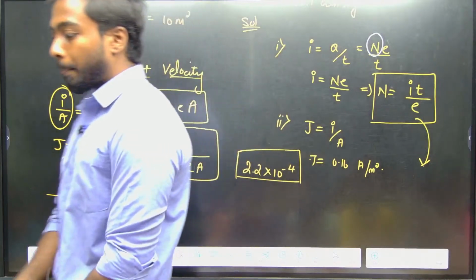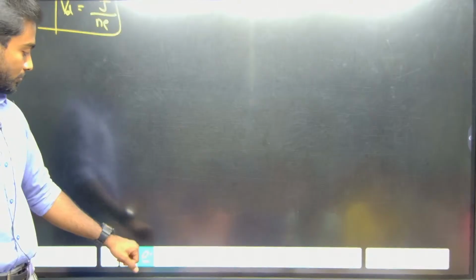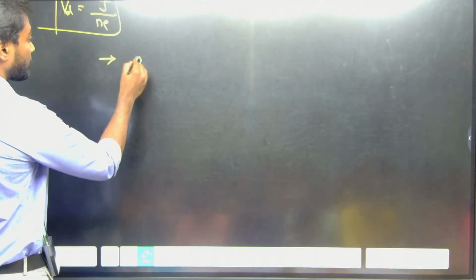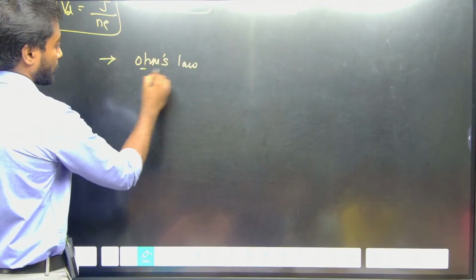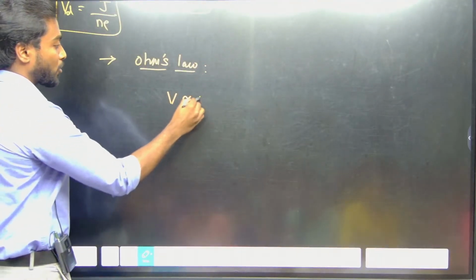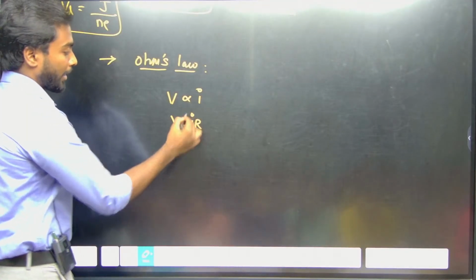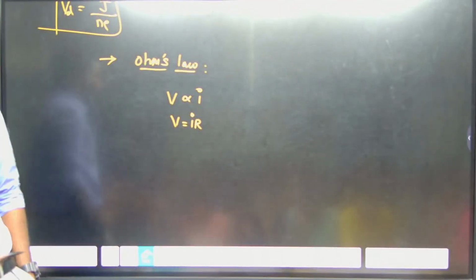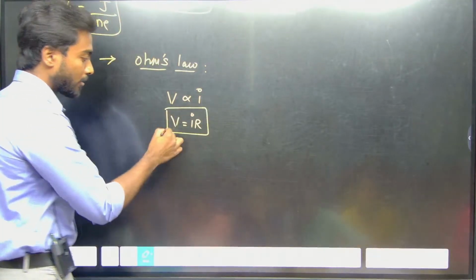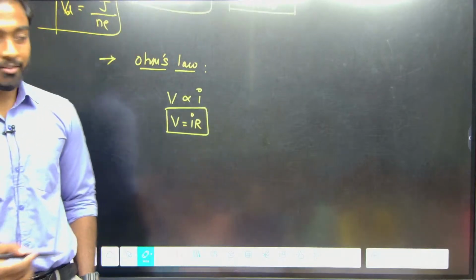Write down the next one, Ohm's law. So Ohm's law says that V is directly proportional to I. So V is equal to IR, to remove the proportionality. V is potential, I is current and R is resistance.